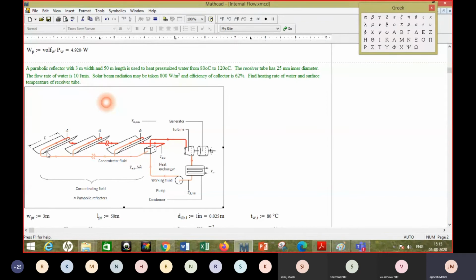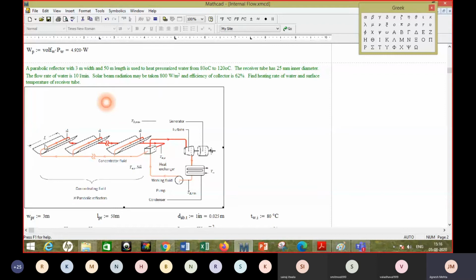A parabolic trough type of collector is shown. I hope you know something about this, or you can recall the things that you learned in alternative energy sources. So the parabolic trough collector is shown, and the sun is shown. Radiation falls on this, and it focuses it on this tube, the receiver tube, through which you are going to pump the fluid.